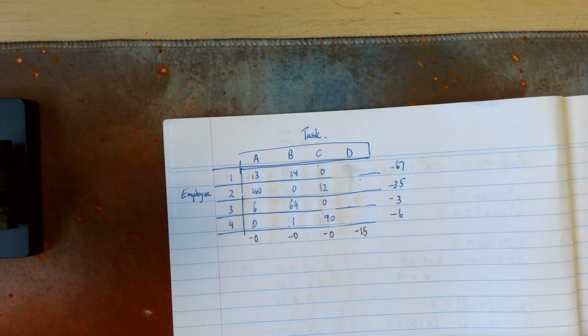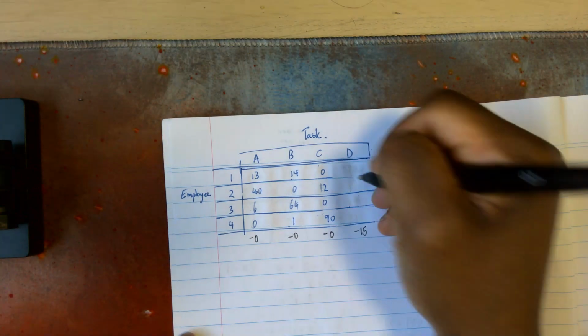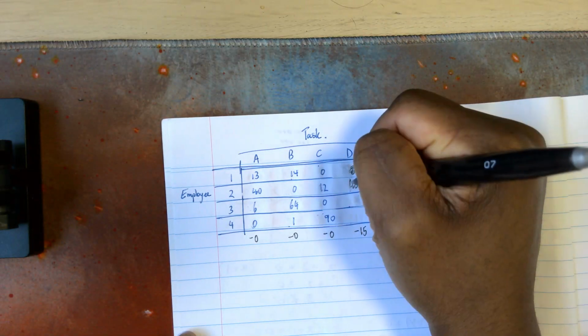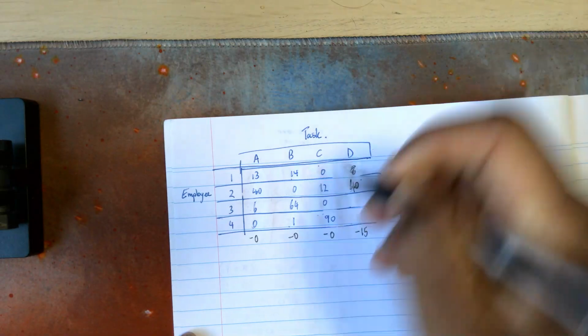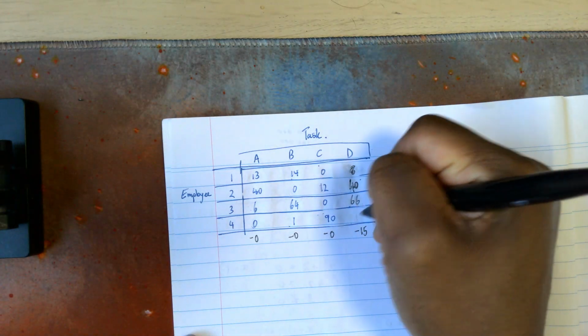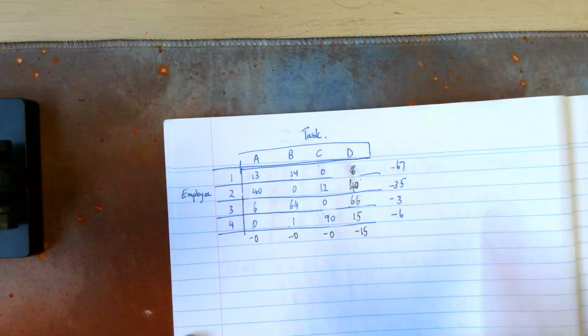Which means once we do that, we get 8, 40, 66, and 15. Oh, sorry, 0.